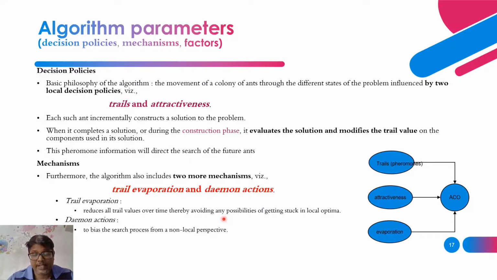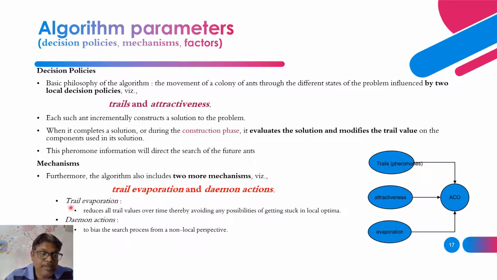So that's one point. And then daemon action: it is a centralized one. It ensures that it is taking the global optima, to bias the search process from a non-local perspective and ensures that globally it gets optimized.